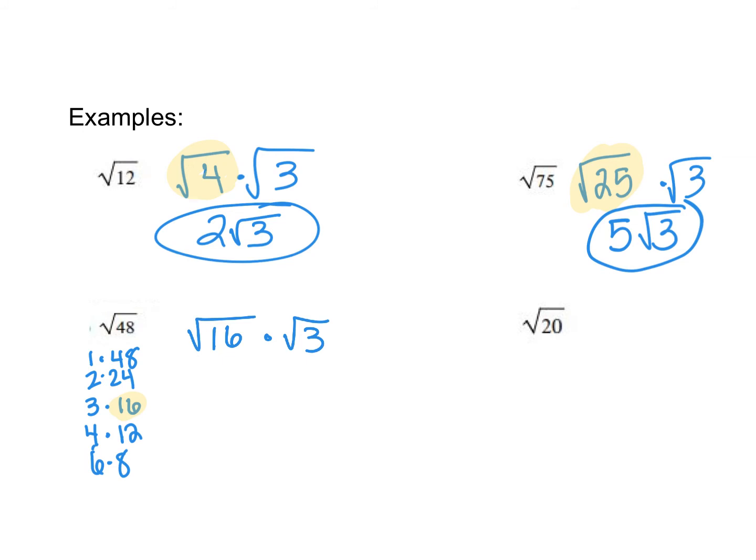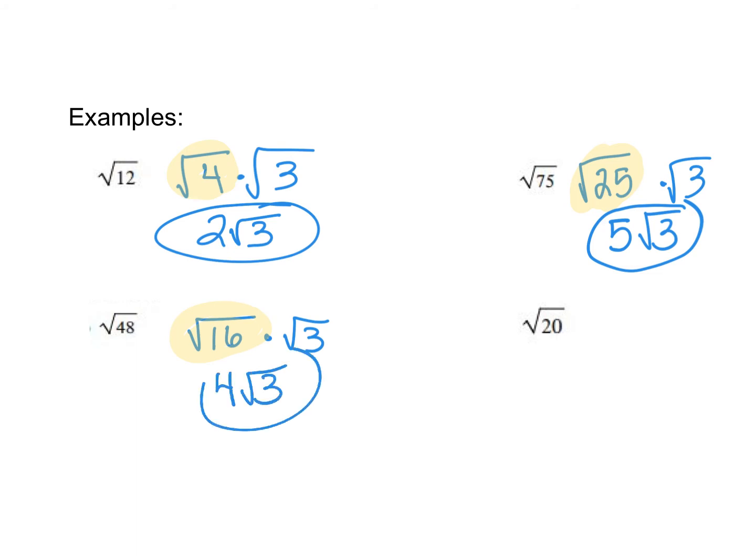If you used 4 and 12, because 4 is also a perfect square, you get a simplified answer, but it's not fully simplified because 12 could break down again because another 4 could come out of it. You need to choose the option that will simplify completely your radical. So the square root of 16 is 4, and the square root of 3 stays square root 3. So our answer is 4 root 3.